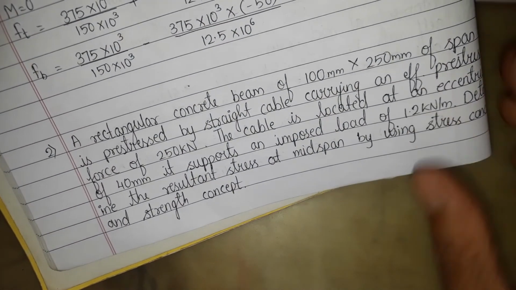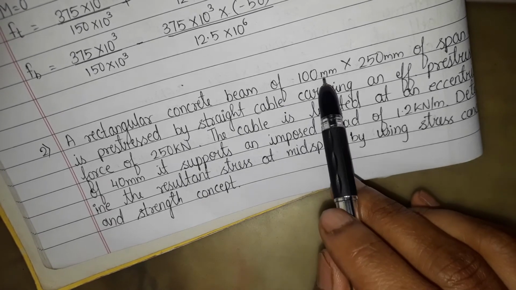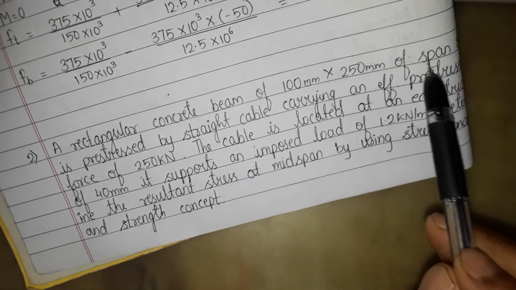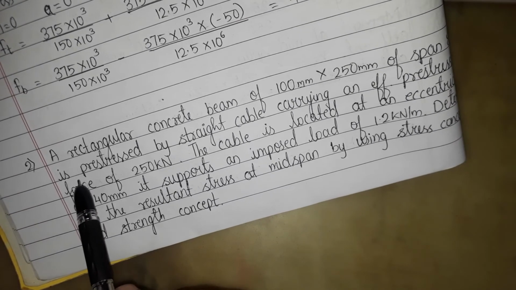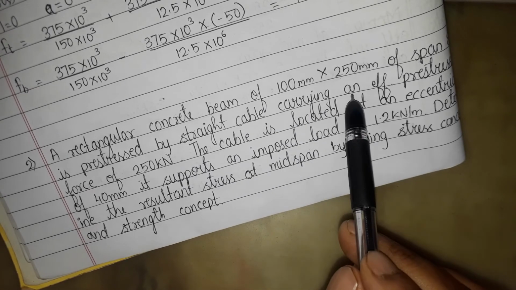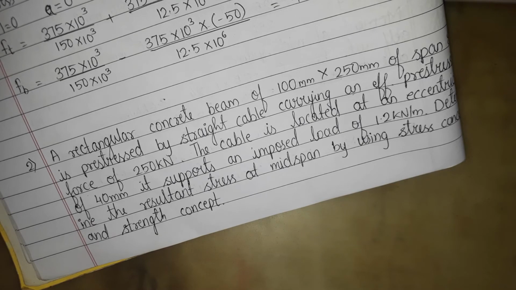So next we will solve one more problem with respect to the same method. I will read out the statement of the problem. A rectangular concrete beam of 100 mm by 250 mm, of span 8 meter, is pre-stressed by a straight cable carrying an effective pre-stress force of 250 kN.